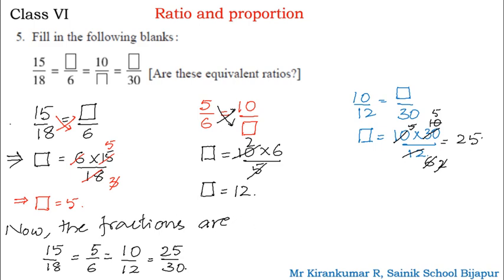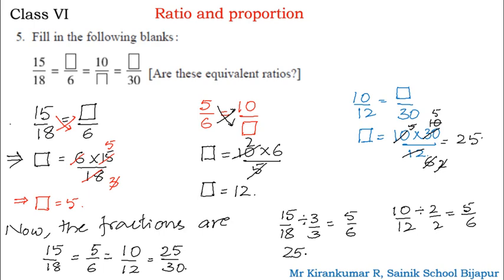If you observe, this 15 by 18 is same as 5 by 6. 15 by 18 we can divide by 3 by 3, we get 5 by 6. How about 10 by 12? If I divide this by 2 by 2, I get 5 by 6.